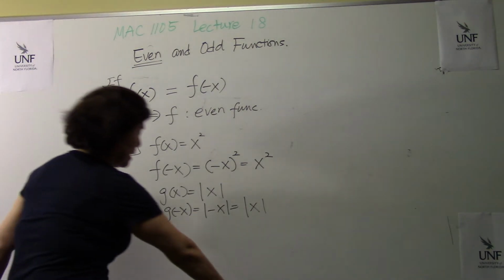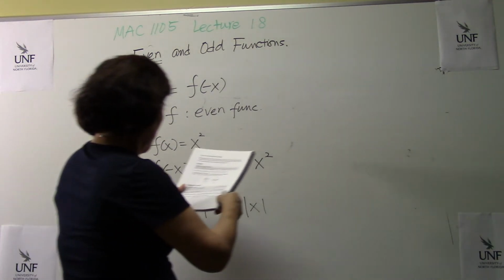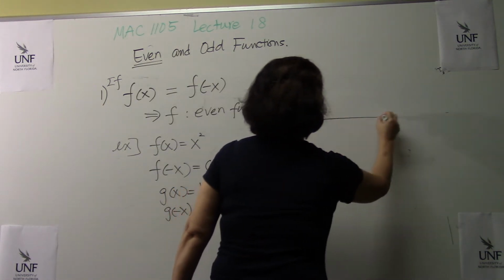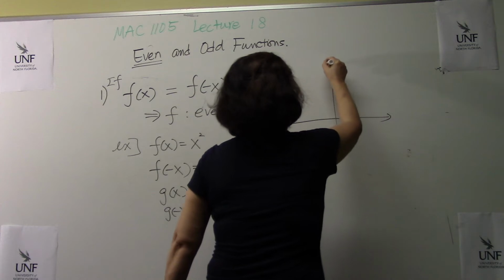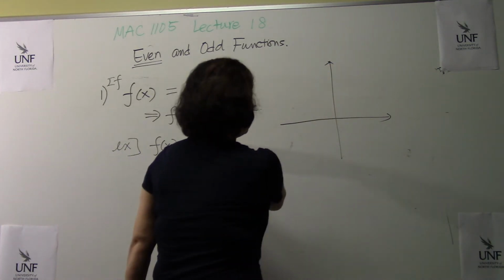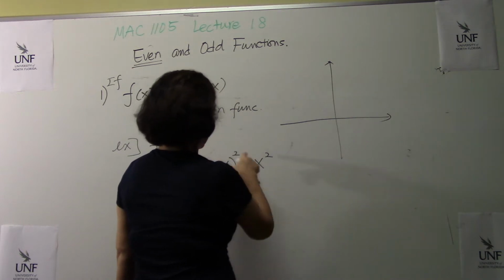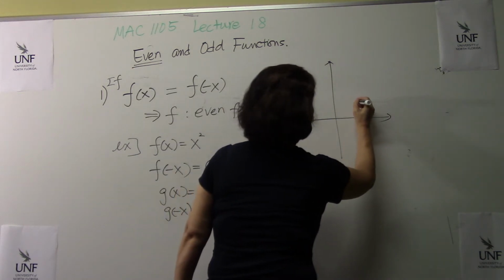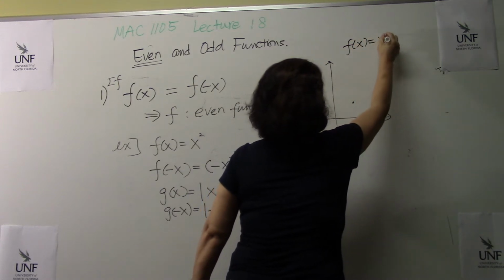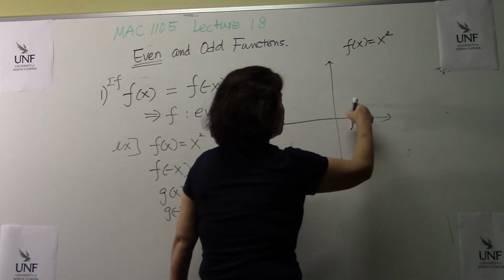Well, this is an even function. When you have a graph, what kind of properties does an even function have? Let's plot a couple of points. When x equals 1, y is also 1.